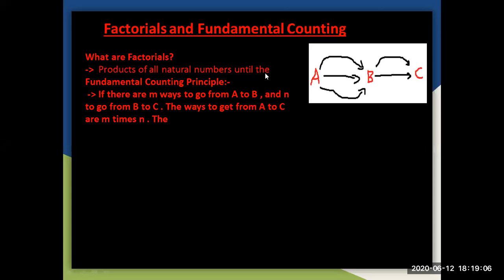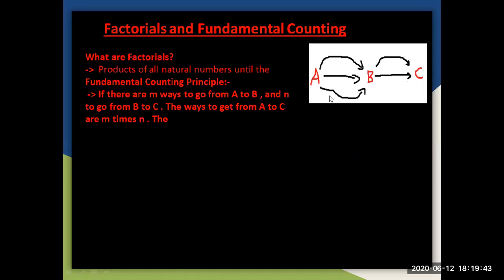so there's the fundamental counting principle. It basically means that if your event is getting from A to C, as shown in this diagram, if there are 3 ways to get from A to B and 2 ways to get from B to C, then the total number of ways to get from A to C is 3 multiplied by 2.